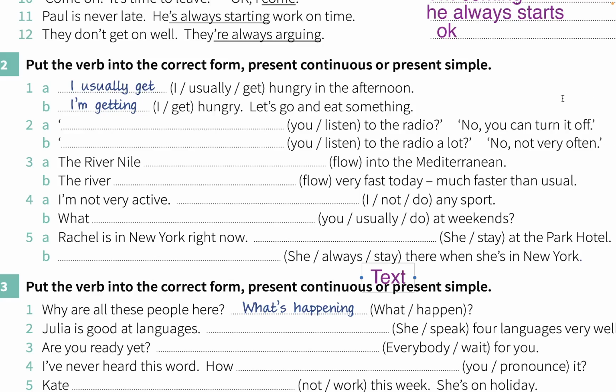Are you listening to the radio? Yes. So the correct answer is are you listening? If you want to use the do, it's do you listen? Okay. So it's are you listening?